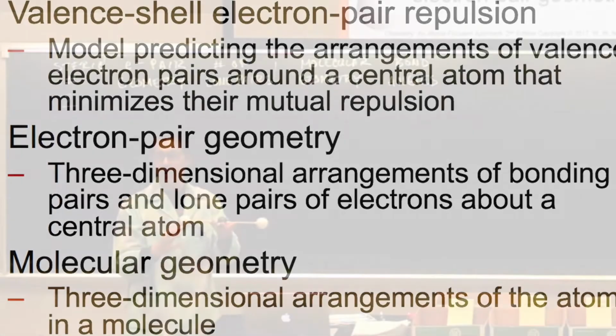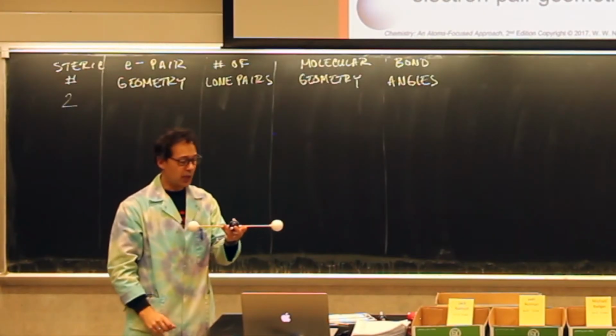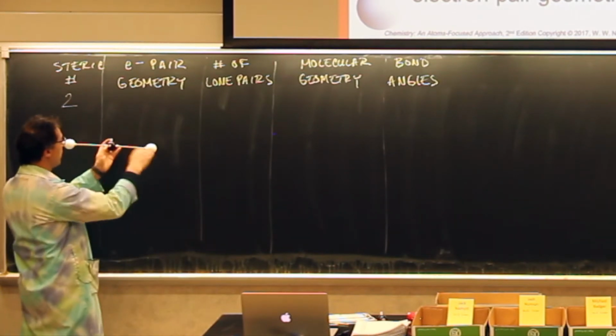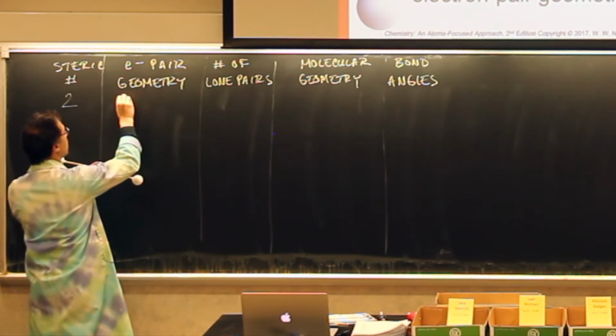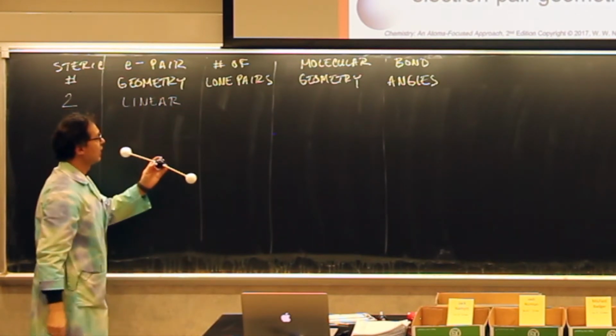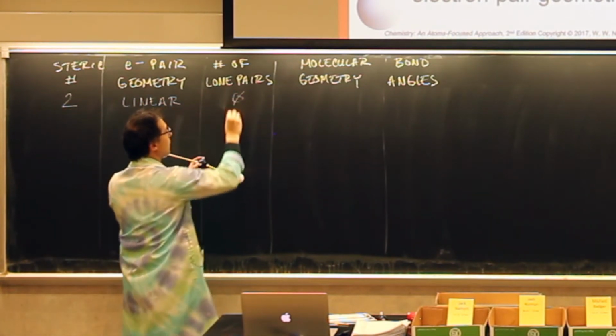At this point, there are no lone pairs with this particular molecule, so this one has a shape that is linear. No lone pairs.